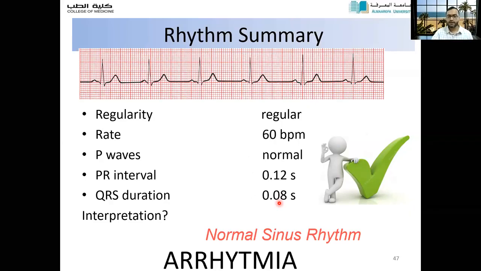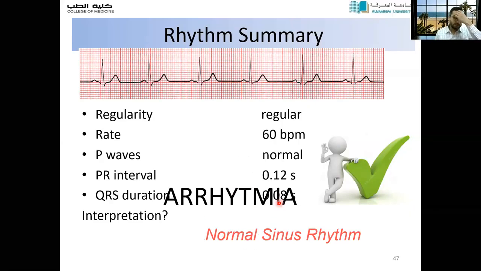We will label it as arrhythmias. If a single one of this 5-point checklist is missing, just go for the diagnosis of arrhythmias. And please keep one thing in mind, that all the arrhythmias are not pathological.